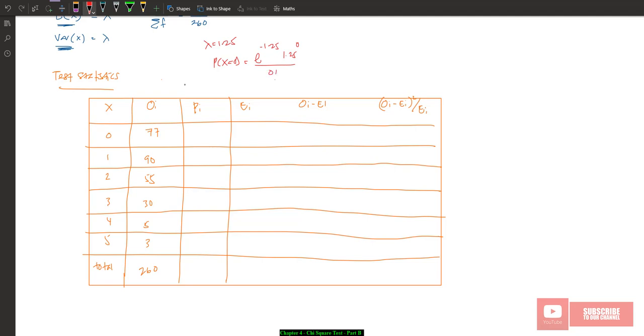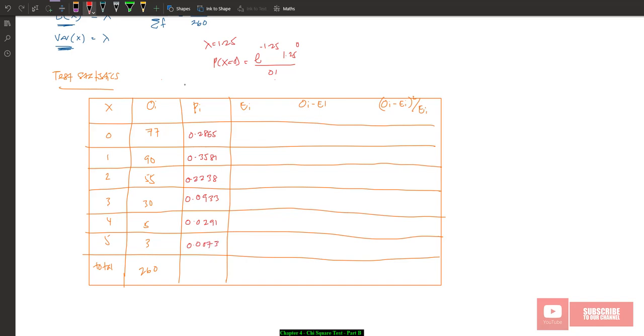This should be equal to 0.2865, and this one 0.3581, 0.2238, 0.0933, this is 0.0291, and this is going to be 0.0073.